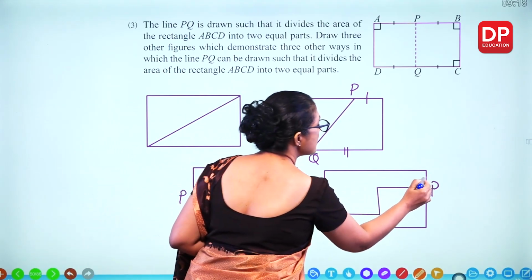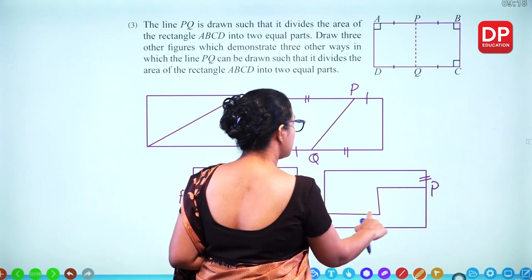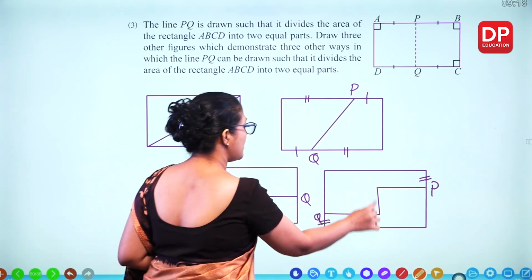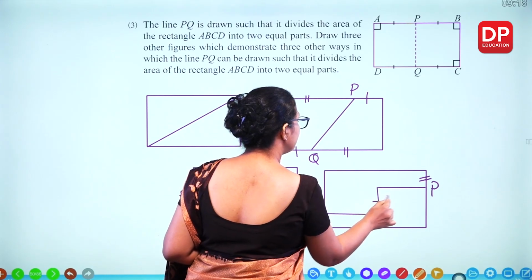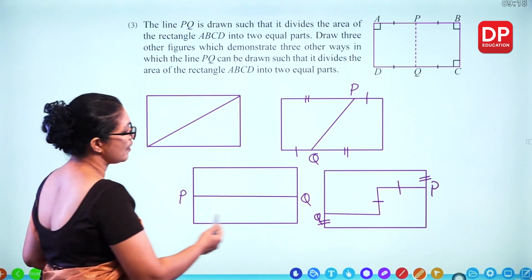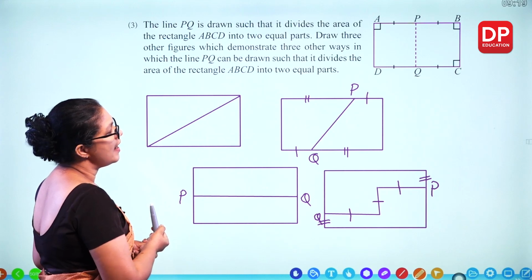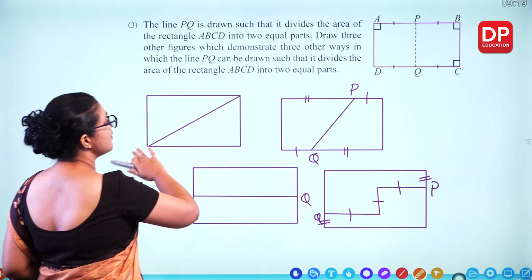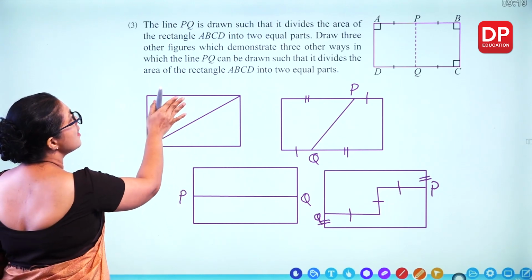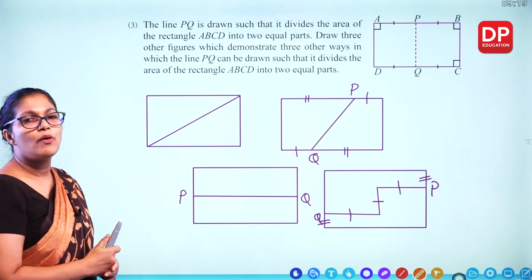So this length is equal to this length and here these two lengths should be equal. And here also something like this. So anything that you like. So you can divide this way, this way. So any line, but make sure that two areas are equal.